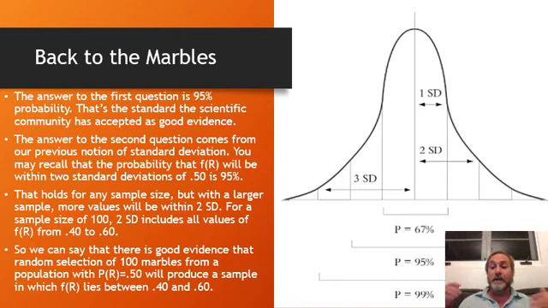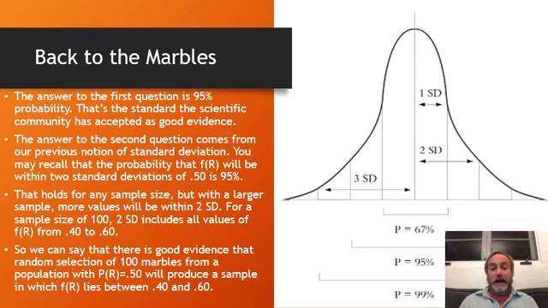Now remember, here we know the actual proportion in the population. We're not working backwards. So given that we know that, there's good evidence that a random selection of 100 marbles from a population with a probability of R of 0.5, we're going to get somewhere between 40 and 60 marbles that are red in that sample with 95% probability.